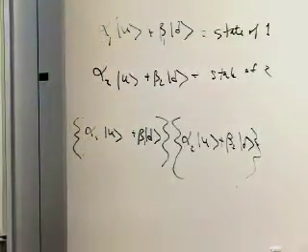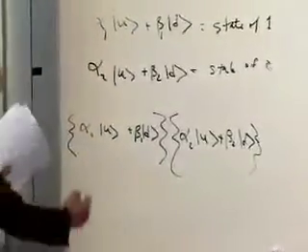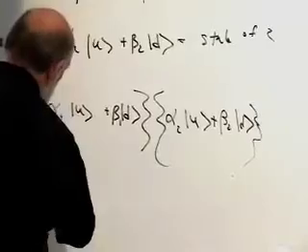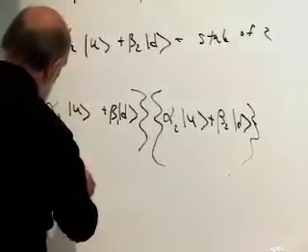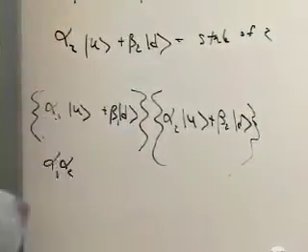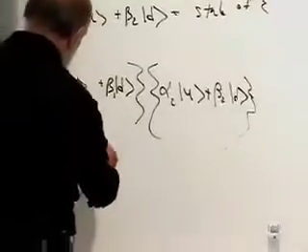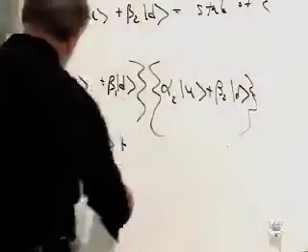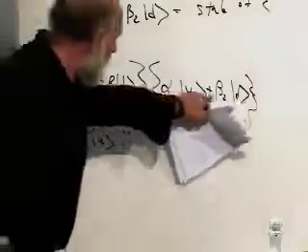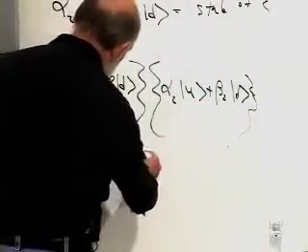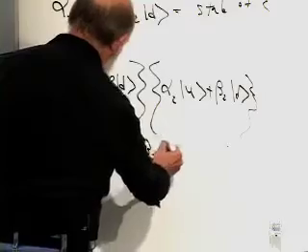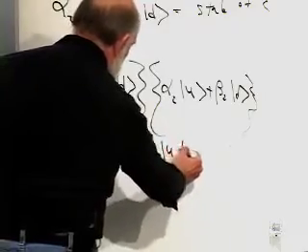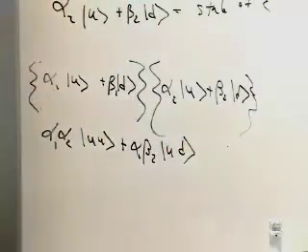And then read off from this the following object. Alpha 1, alpha 2 times both electrons up, up, plus alpha 1, beta 2 times the first electron up, the second electron down.